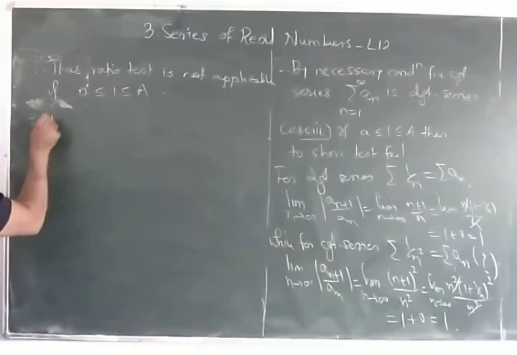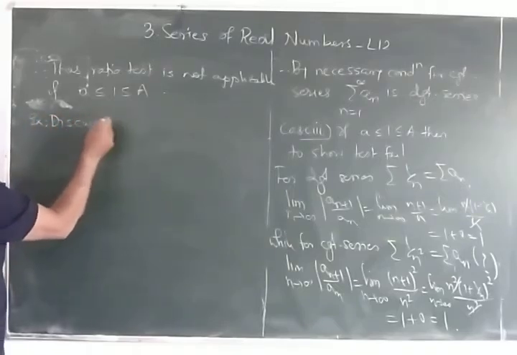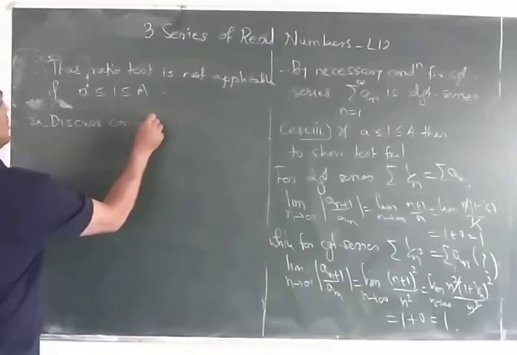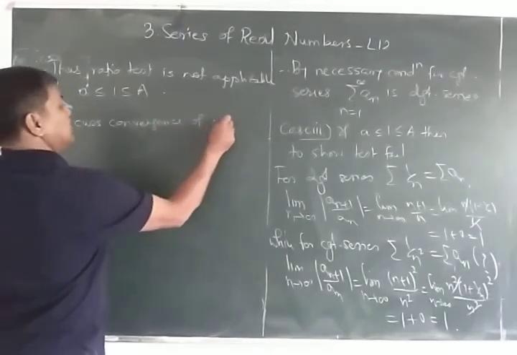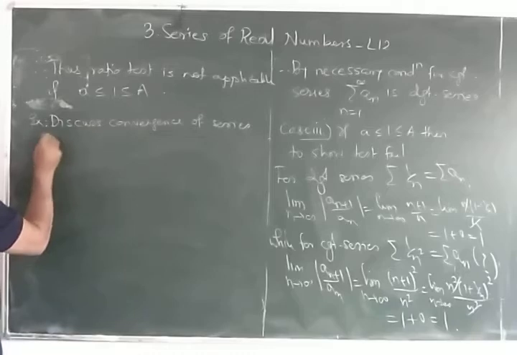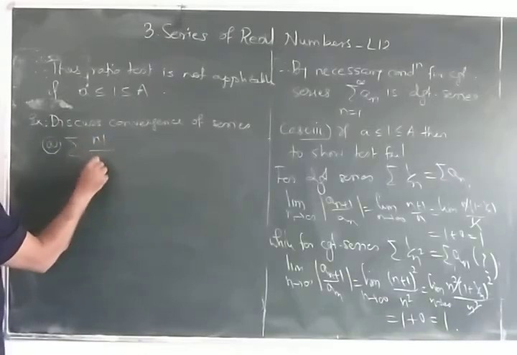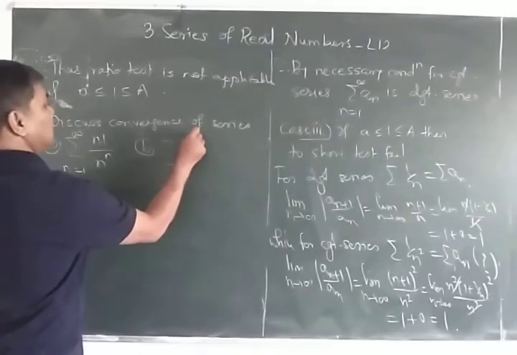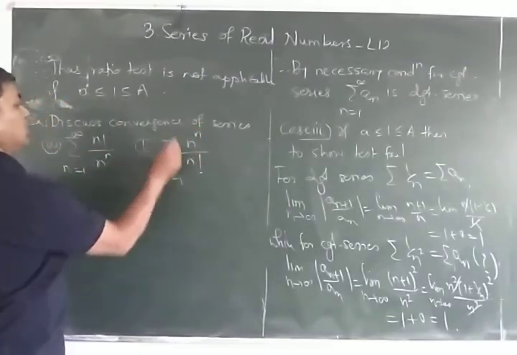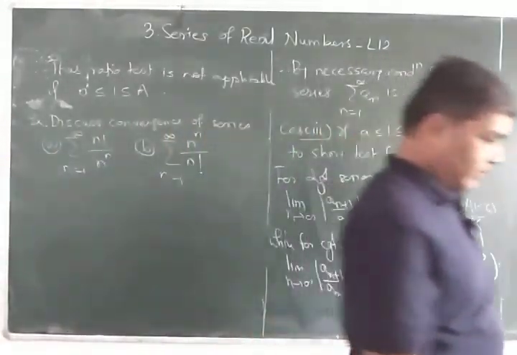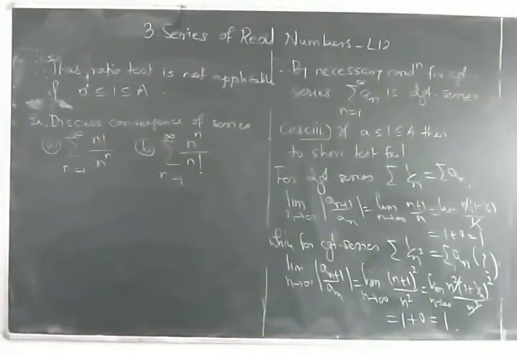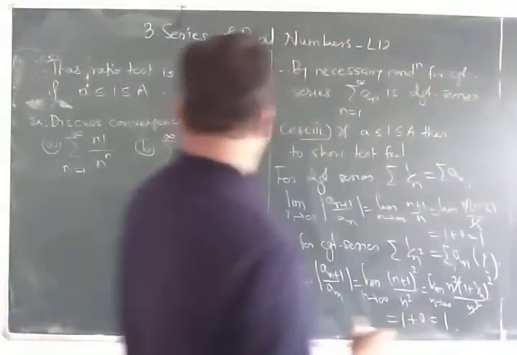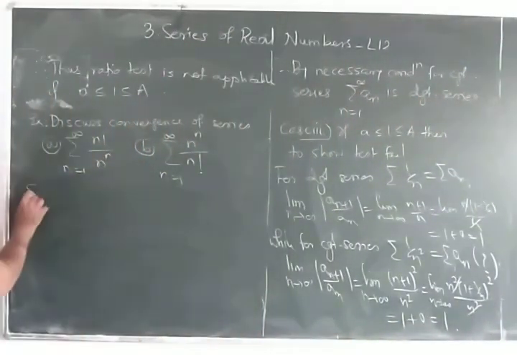Example: discuss convergence of series A, summation of n factorial upon n raised to n, n equal to 1 to infinity, and B, summation of n raised to n upon n factorial, n equal to 1 to infinity. Solution.